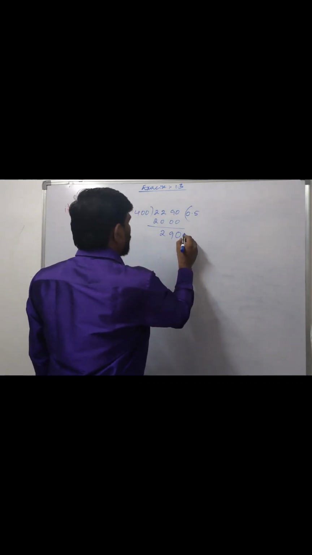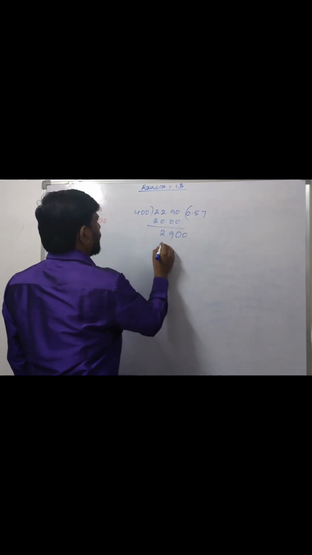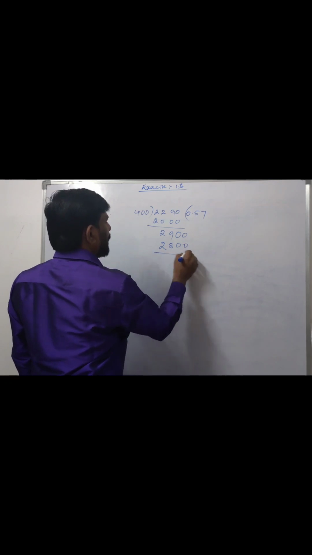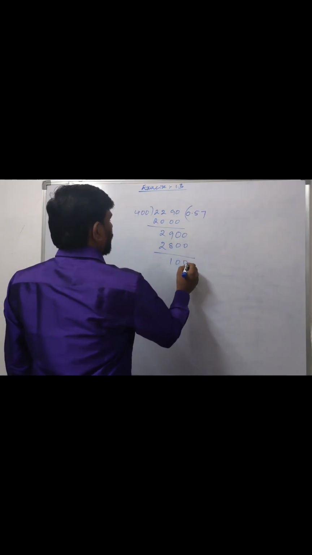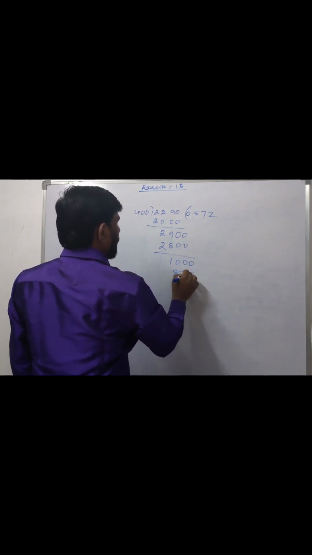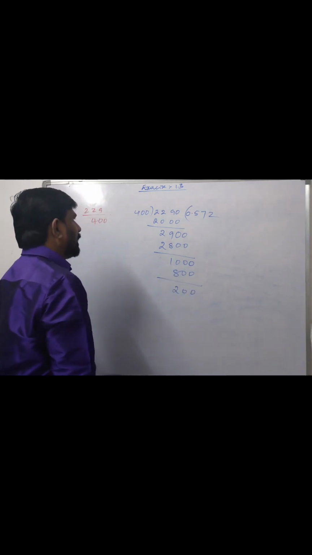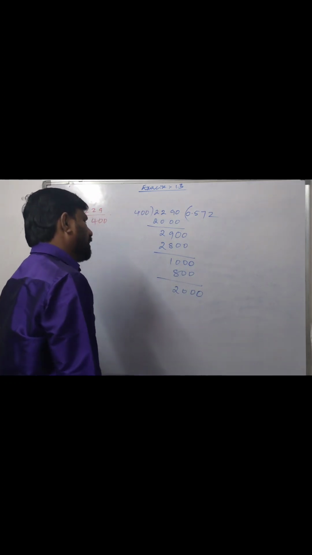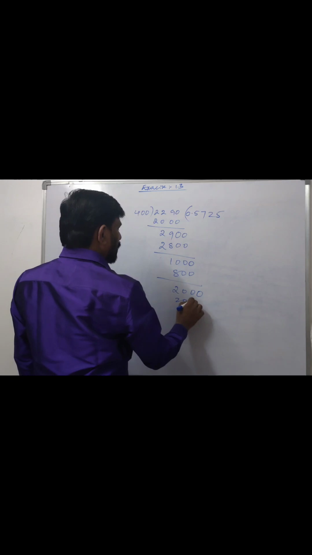Next is one more 0. 4 6s are 24, 4 7s are 28, 7 you will get, 7 4s are 2800. Next 100 will be the remainder. Next one more 0 here, 4 2s are 800. Here 200 will be left, right? So 0.0, 200 will not go, so you will get one more 0. So 4 5s are 20. Clear? So 2000.